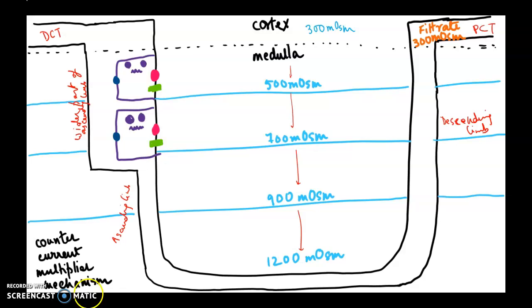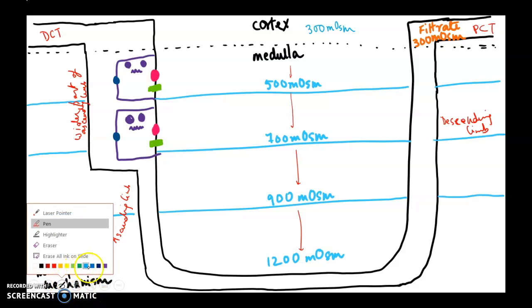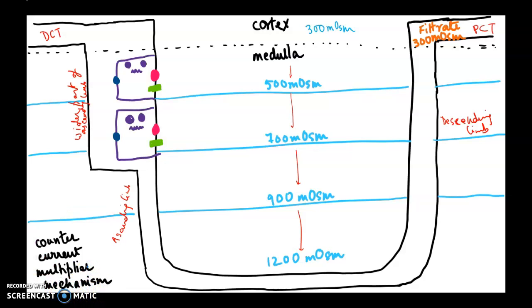Now as we look here, these cells have these. Do you see the blue transporters that I have drawn? This is a sodium-potassium chloride cotransporter.